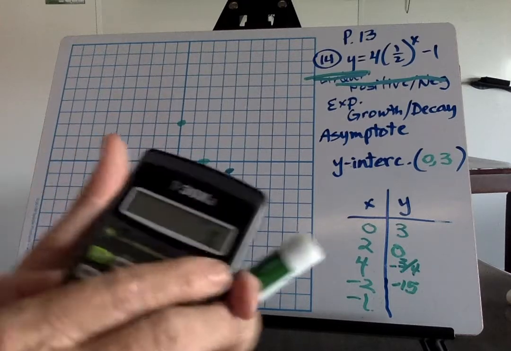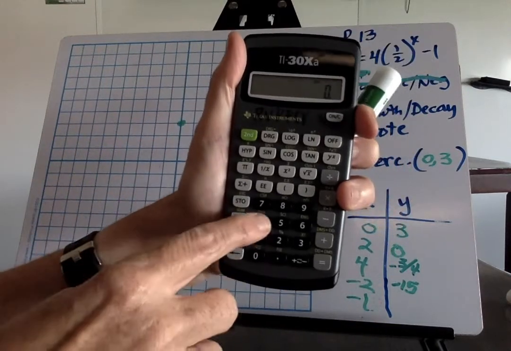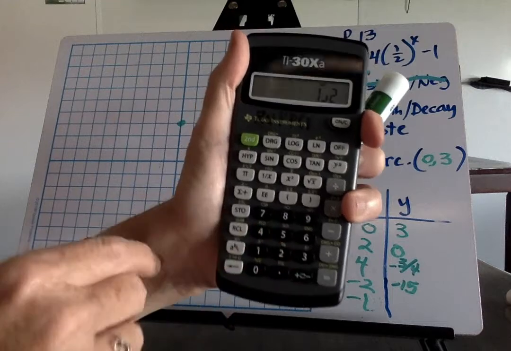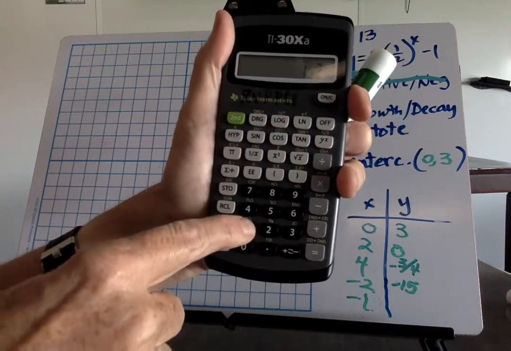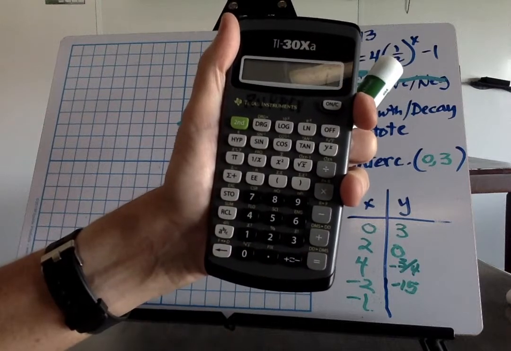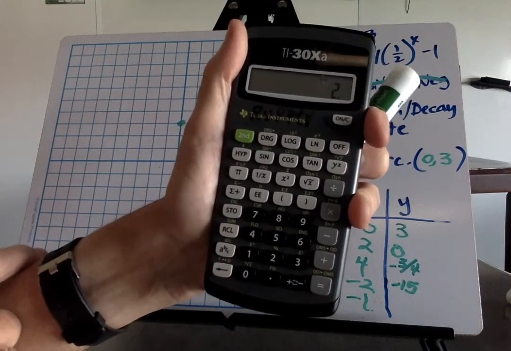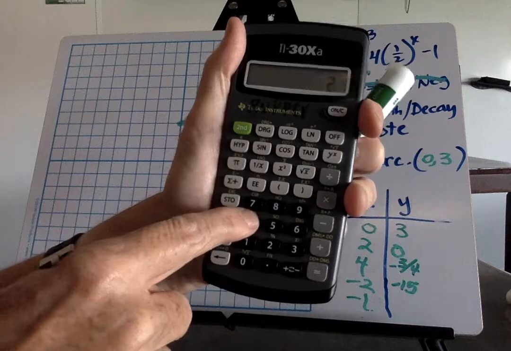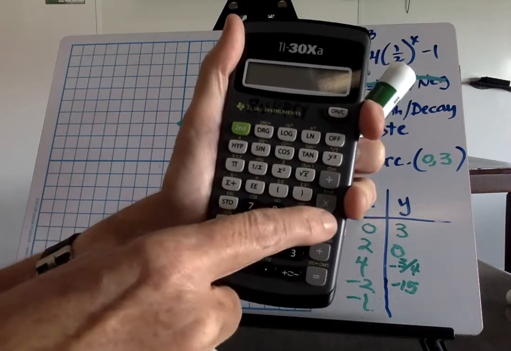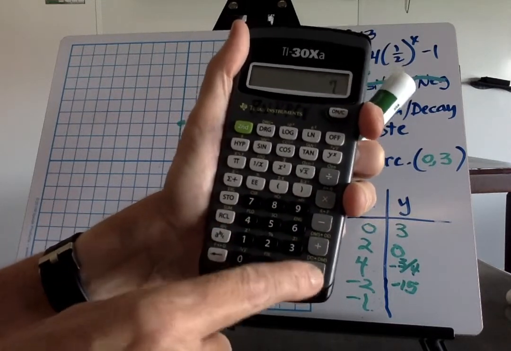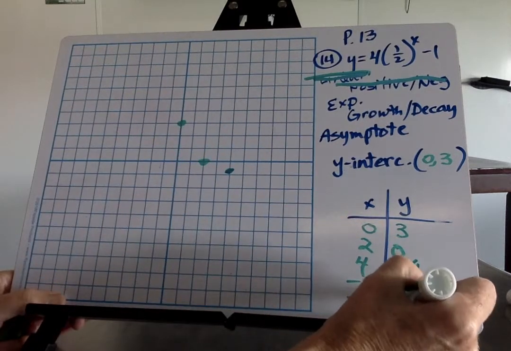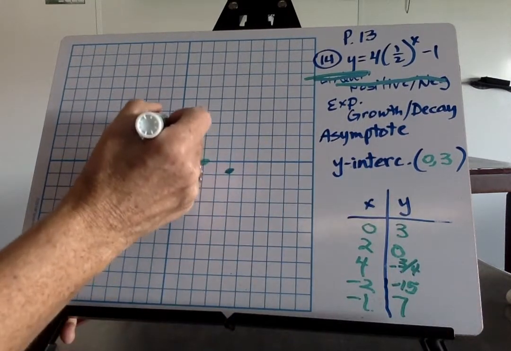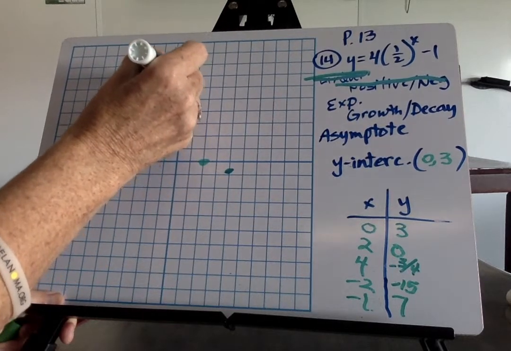So I say 1/2, 1 ABC2, y to the x, so I'm raising it to a power of -1, and I have to put 1 in first, equals 2 times 4 equals 8 minus 1, and you get 7. So (-1, 7).